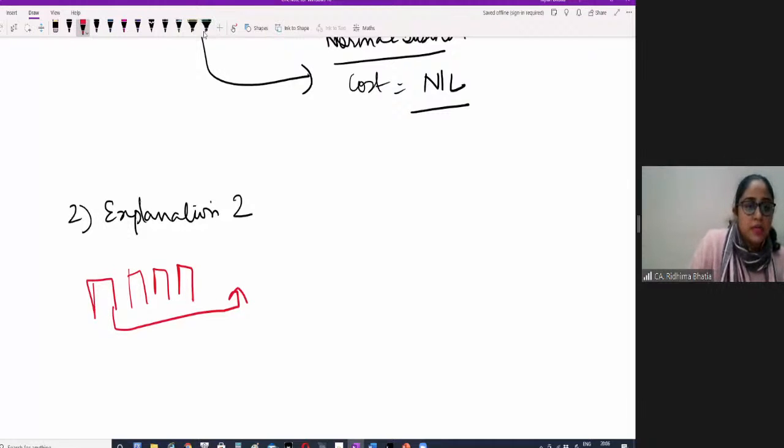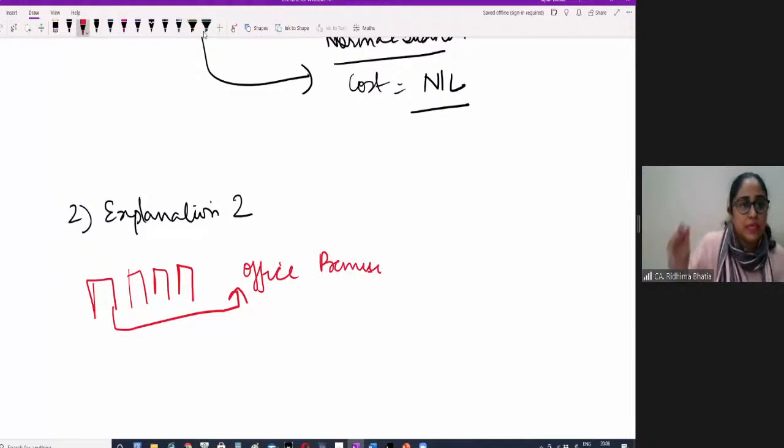Now, one of these buildings I use as my office premises. I will set up my office structure here and call the parties here. Now, my inventory is getting converted into my capital asset for business purpose. So now this building has to be added into the block of assets. Correct?